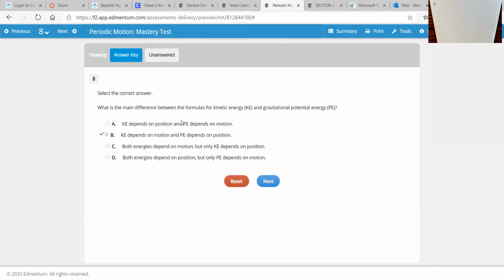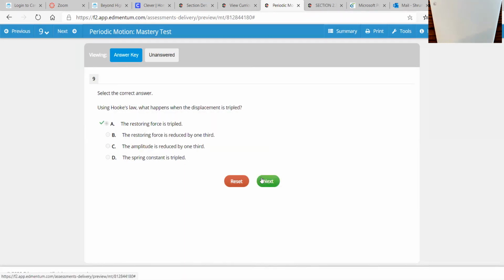The higher it is, the position, the more gravitational potential energy there will be. So this makes the most sense. Kinetic, think motion. Potential, gravitational energy, think position. Potential, position, kinetic, motion.